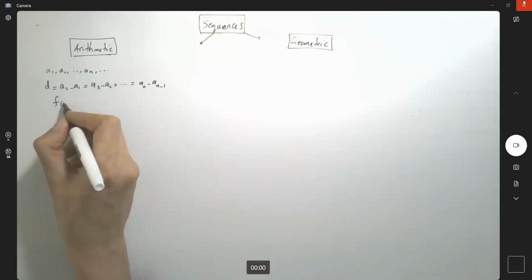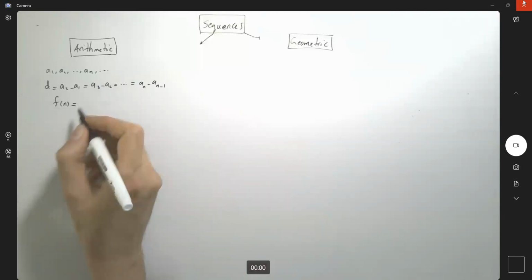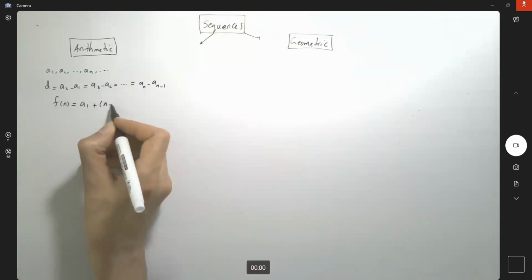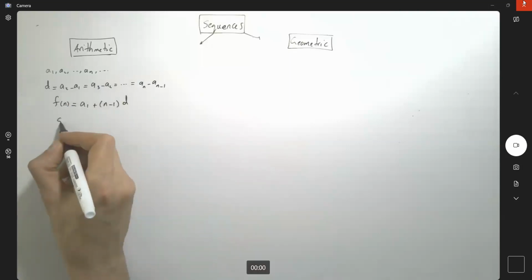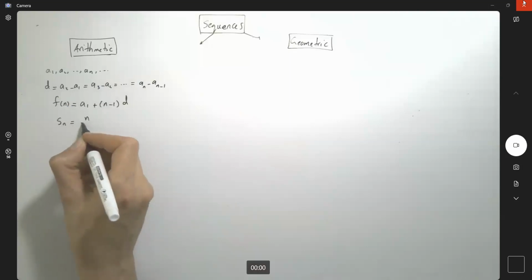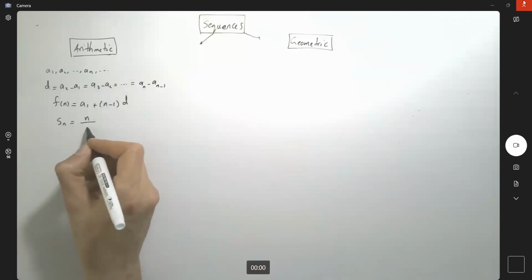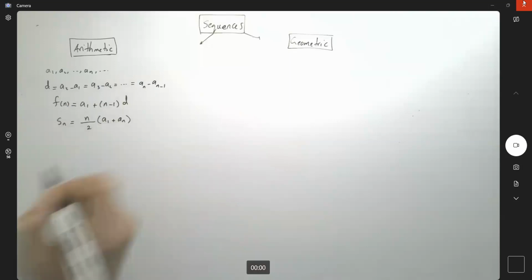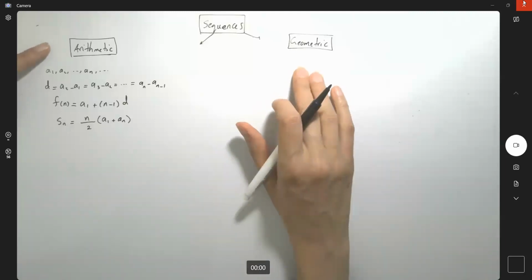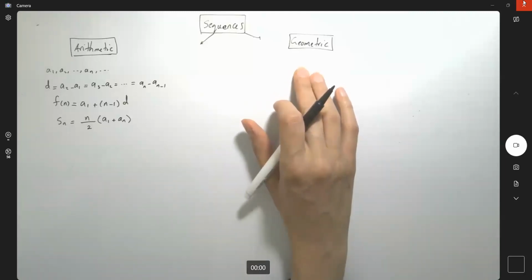The general term of your sequence is A1 plus N minus 1 times the common difference. You can find the sum of the first N terms by dividing N by 2, multiplying that by A1 plus AN.